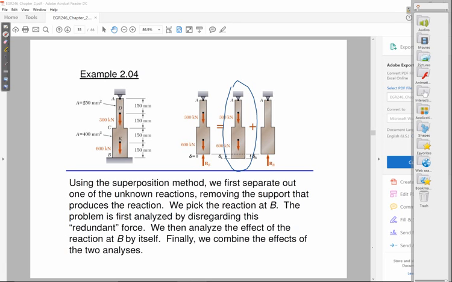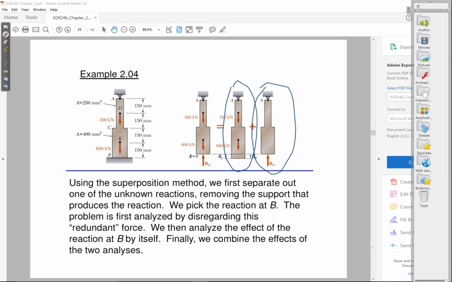So that's this last figure here, where I remove the 300 and the 600 kilonewton forces, and I just look at this reaction at B. I don't know what value that is, but I know there is some reaction. You could either assume it's tension or compression. It doesn't matter. In this case, we just assume that it's pushing up.